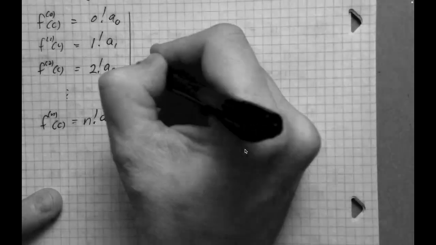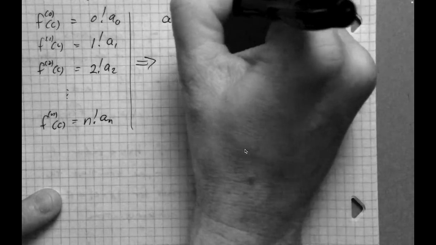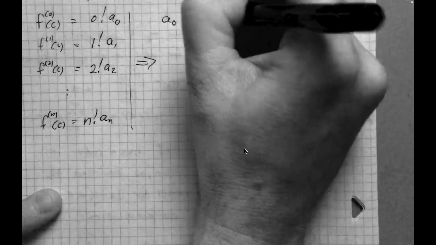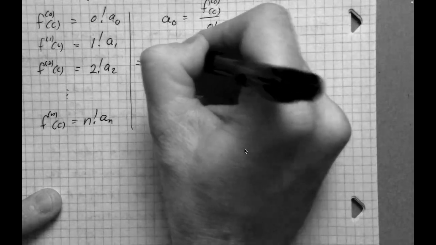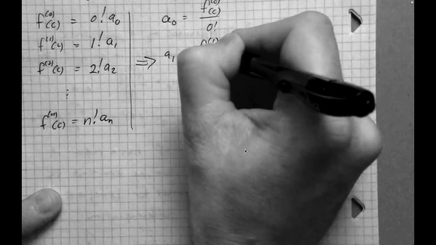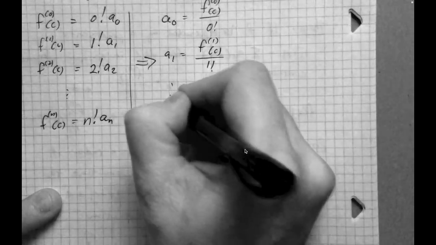We get this pattern, and of course this implies that a0 is f of 0 evaluated at c over 0 factorial. a1 is f of 1 evaluated at c divided by 1 factorial, and so on.